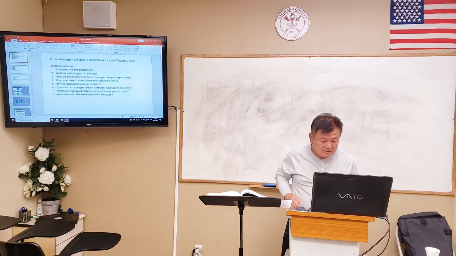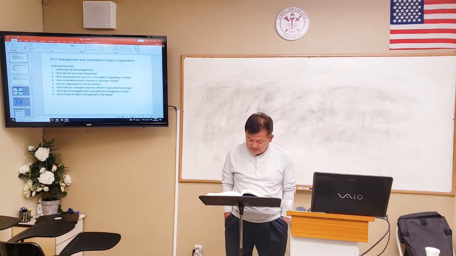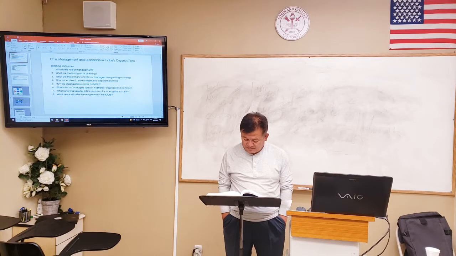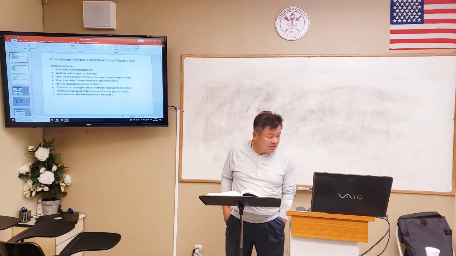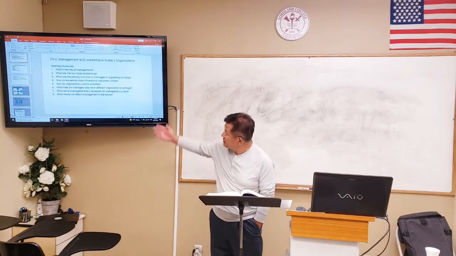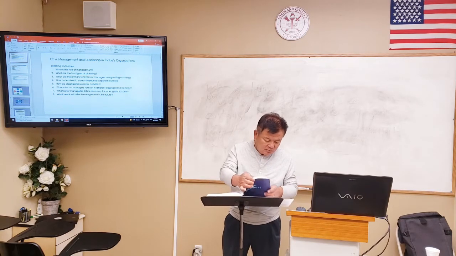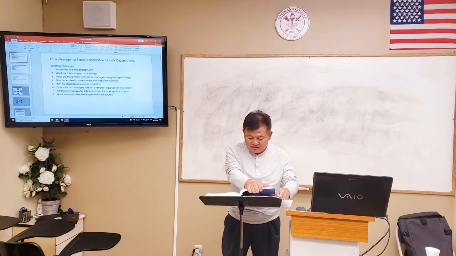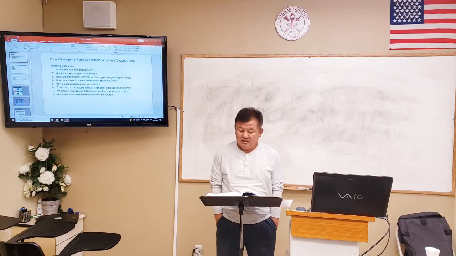Also, this chapter has learning outcomes. I will briefly review them. First, what is the role of management? That is, what is the meaning of management? Second, what are the 4 types of planning?